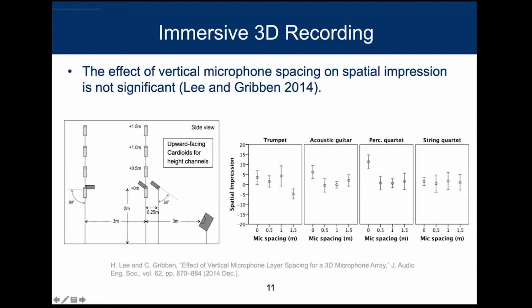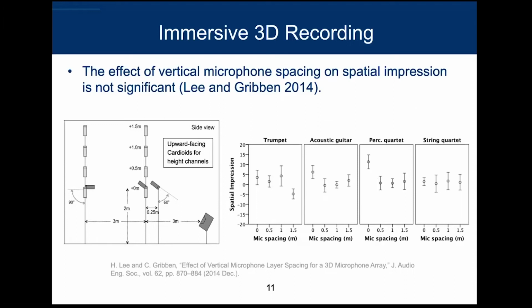So there's really no reason to make the 3D microphone array really big, like a cube. Of course, some engineers really prefer to use omni microphones and space the height channel 1 meter or larger. Of course, that could be useful if you're recording a big sound source like an organ or choir on risers.